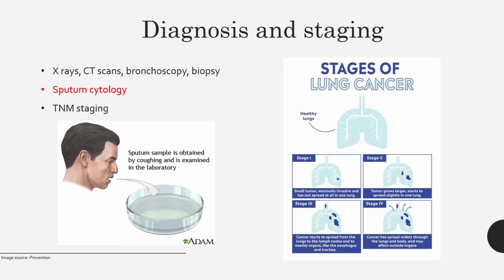This is effective given that cancerous cells are more readily dislodged from the large airways, allowing them to be coughed out into a dish as shown here. Once the diagnosis is confirmed, the cancer is staged using the TNM system from stage 0 to stage 4 depending on the severity as shown on the right.